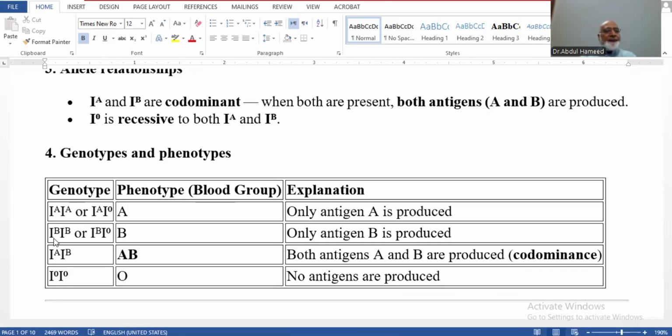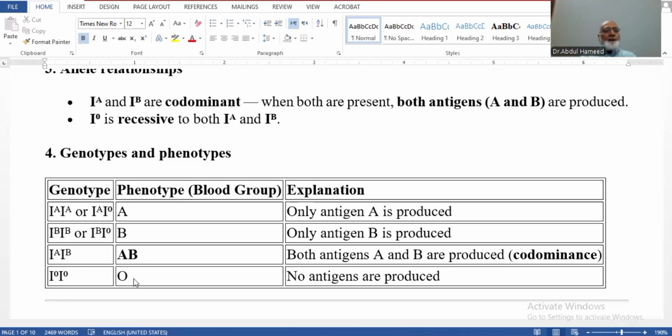In this case, I B I B or I B I O, the phenotype will be B. Only antigen B is present on the red blood cells. I A I B, only one possibility, and the blood group will be AB. The phenotype will be AB. Both antigen A and B are produced. It means there is the depiction of codominance in that case.